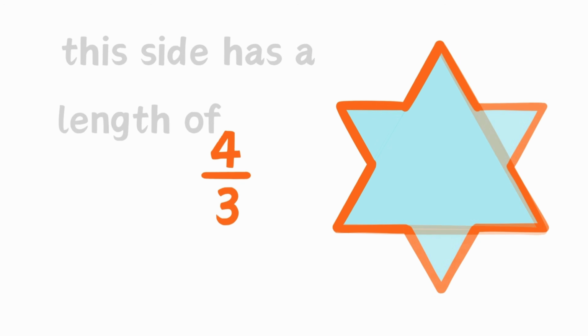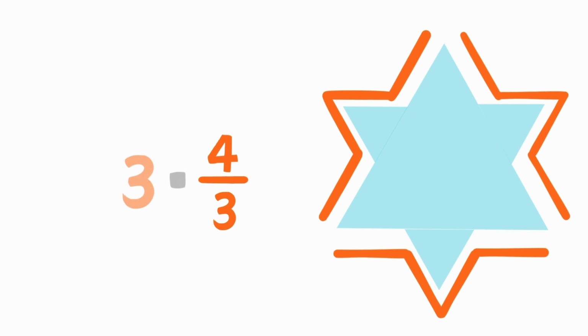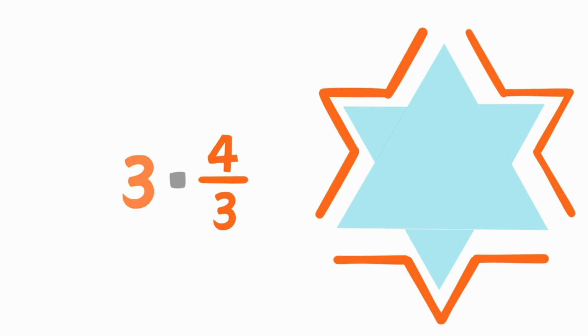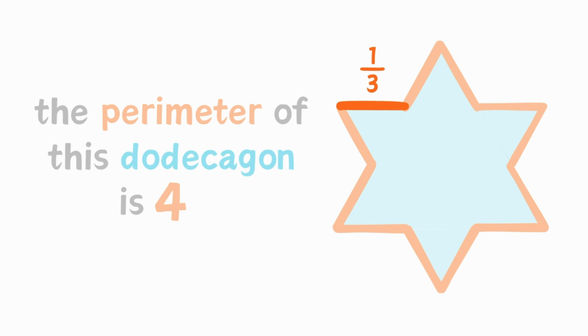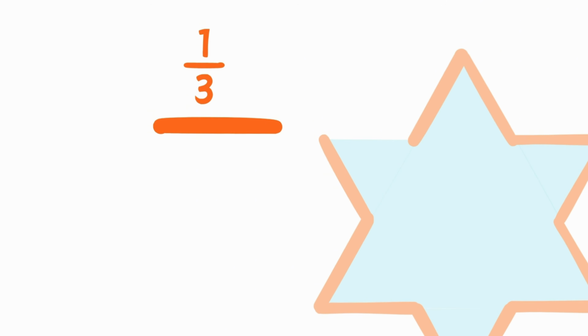Repeating the process for the remaining sides of the triangle, we find that there are 3 sides that are 4/3 long. From this, we can calculate the perimeter of our new shape. That's 4 units long. Now, each side in this 12-sided polygon is 1/3 of the original length, meaning when we repeat the process and split one of these sides into thirds, each new segment will have a length of 1/9.